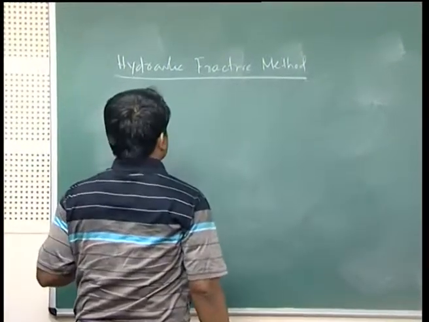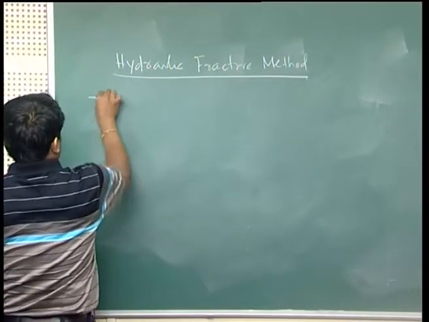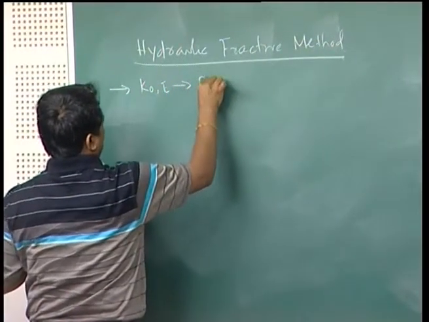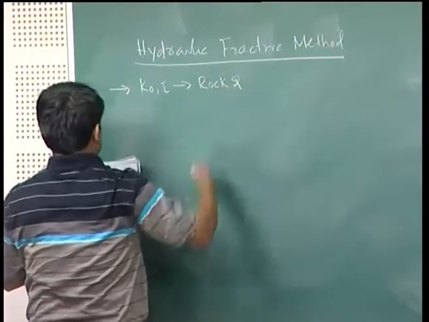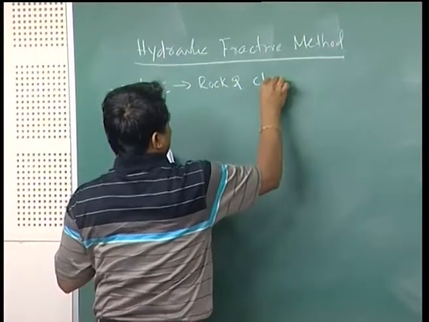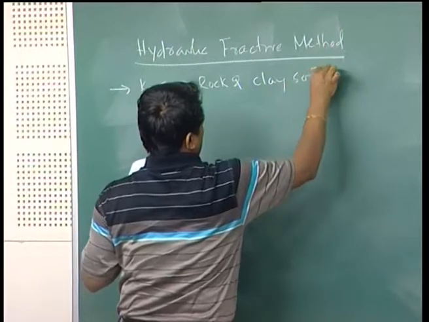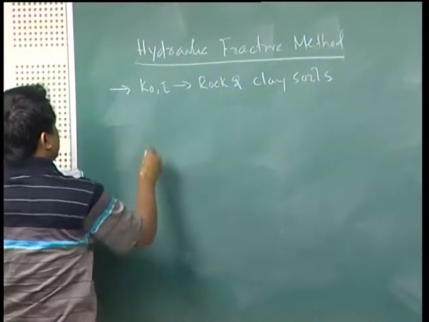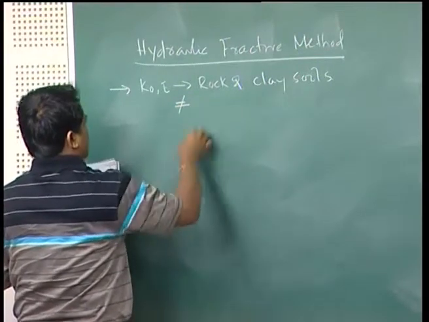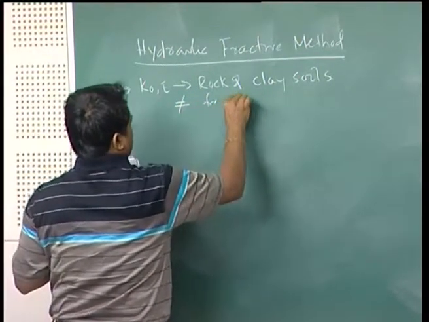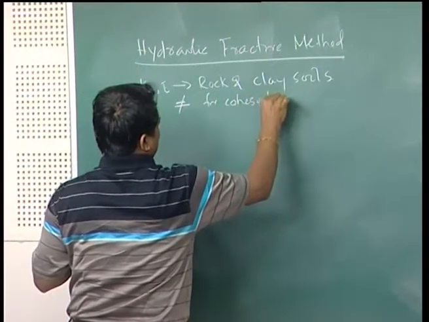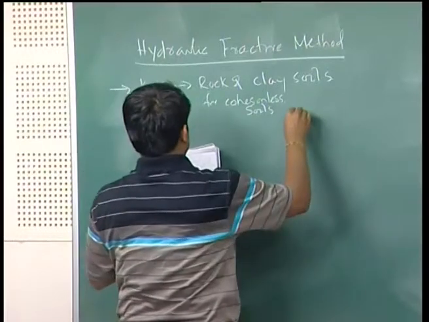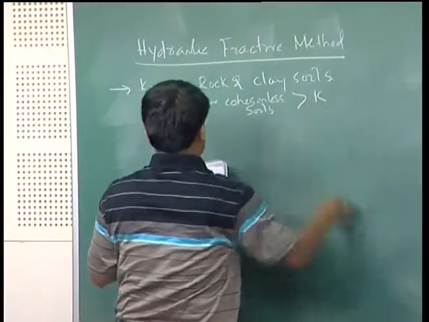In this, you can find K0 and E for rock and clay soils. But it cannot be used for cohesionless soils of greater coefficient of permeability.